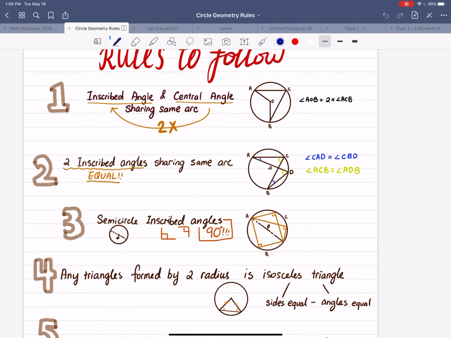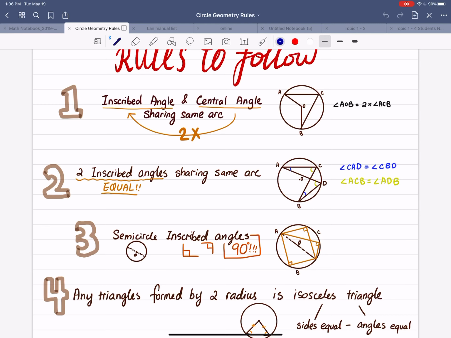First of all, an inscribed angle basically means there's an arc there and then there's an angle based on the arc, okay? So angle C is the inscribed angle. And a central angle is basically this, because it's touching the center of the circle.